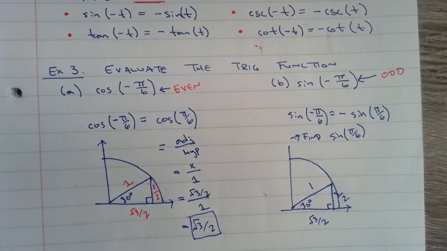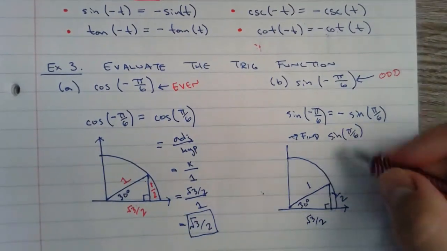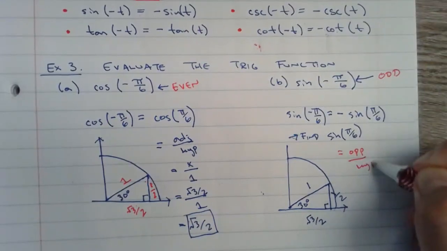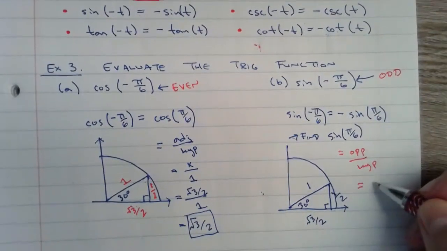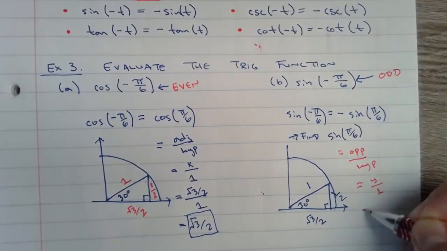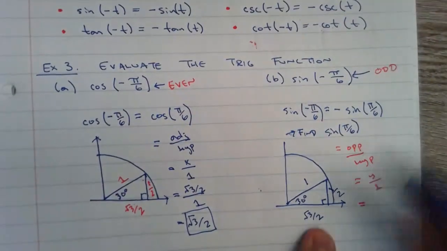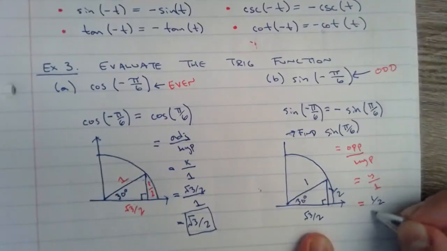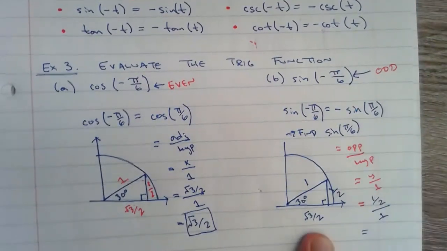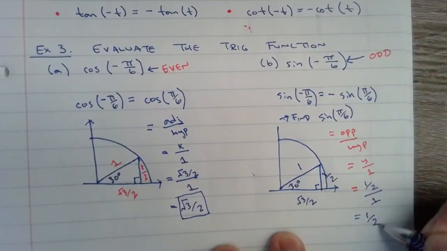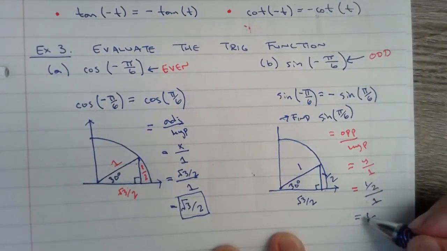Then from there, your sine is the same thing as opposite over hypotenuse, which is the same thing as y over 1. What's your y in this case? It's 1/2. 1/2 divided by 1 will give you 1/2.